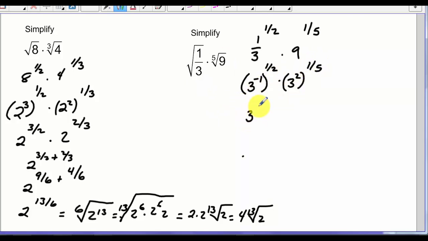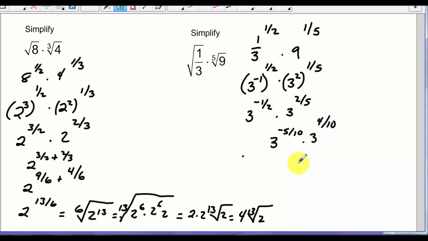This is 3 to the -1/2 multiplied by 3 to the 2/5. Common denominator, which gives me 3 to the -5/10 and 3 to the 4/10.